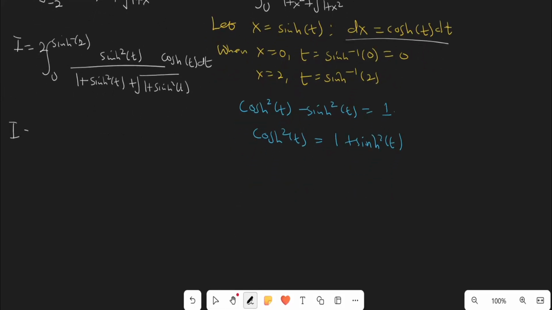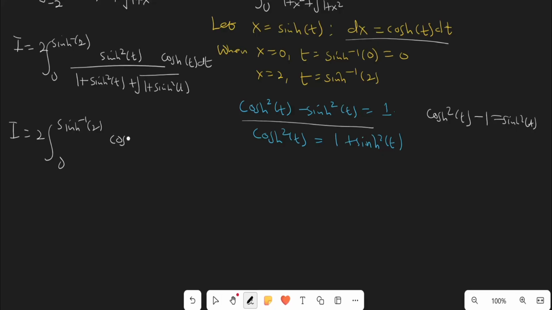So I is going to be 2 times the integral from 0 to sine hyperbolic inverse of 2. And sine hyperbolic square of t, I can write as cosine hyperbolic square of t minus 1. I will just replace that in the numerator.